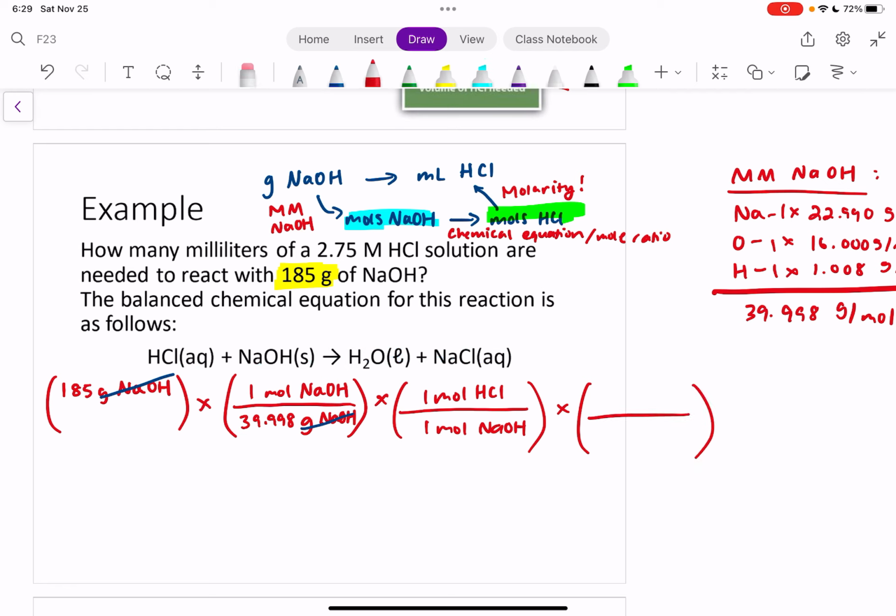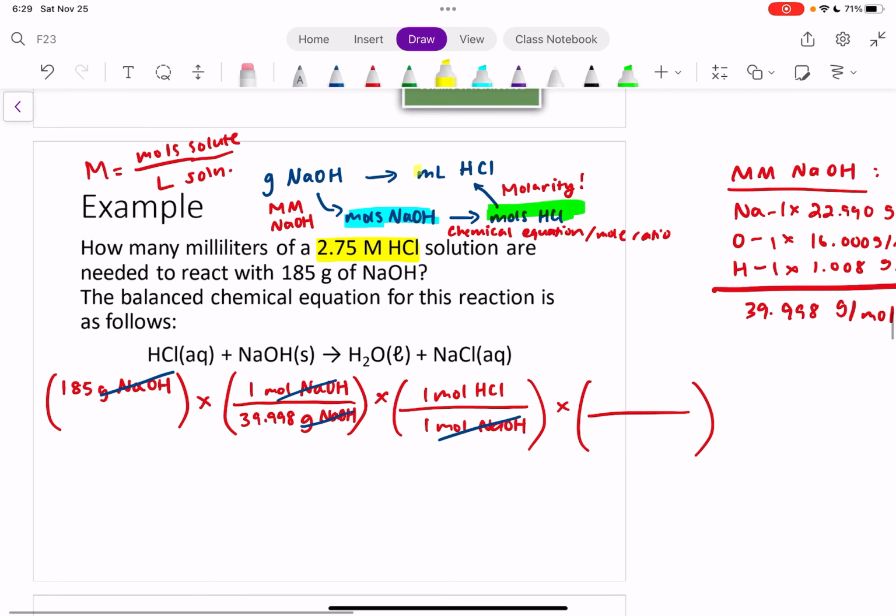Okay, now we're in moles of HCl, and we want to get to, what do we want to get to? Liters of HCl. Well, we want to get to milliliters of HCl, okay, but we don't have even liters. So let's get to liters first, because we know our molarity is expressed in moles per liter. And specifically, sorry, let's put moles of solute over liters of solution. Okay, so we know our molarity, right? And I'm going to jump to yellow for this one.